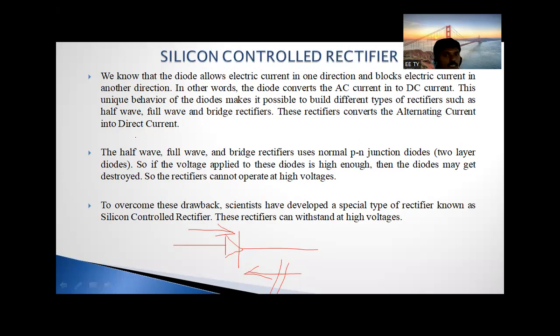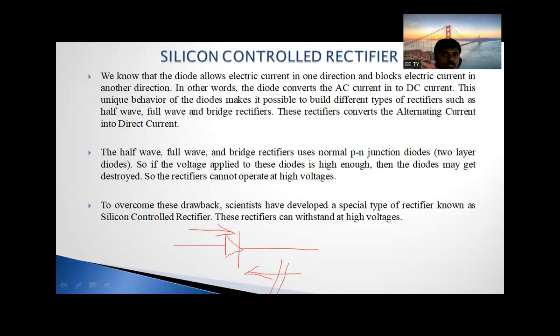Clear? The half wave, full wave, and bridge rectifiers use normal PN junction diodes, two-layer diodes. If the voltage applied to these diodes is high enough, the diodes may get destroyed. So the rectifier cannot operate at high voltages.